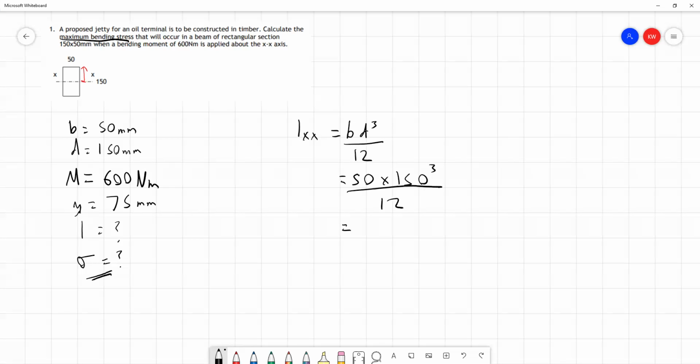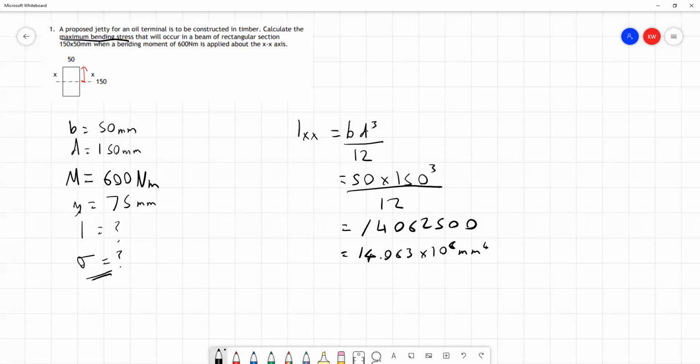So that's a task for the calculator. I'll put that in. And what our calculator will give us is this number here, 1406250, but we'll simplify that to 14.063 times 10 to the 6 millimeters to the 4.